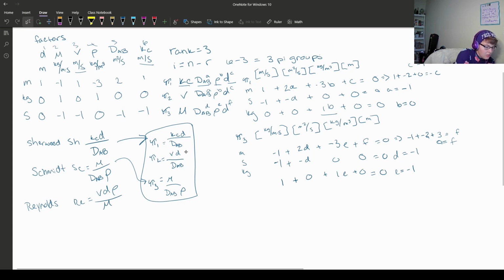And so when you look at our 2 dimensionless groups that we have right here, you can see that all of those variables are included in here.